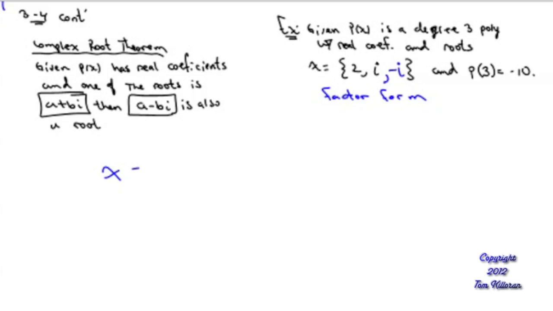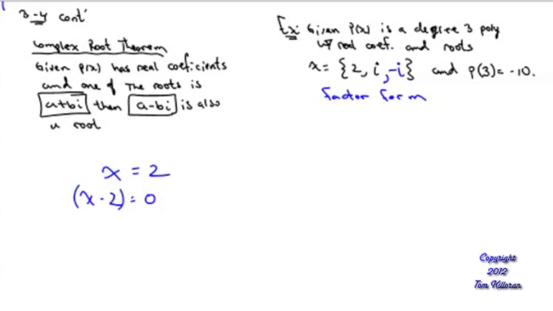If I have x is equal to 2, how do I undo what I solved? Well, I move the 2 back over. And if I move the 2 back over, what do I get? x minus 2. That's where the root's coming from. So this would be the factored form. We've done this before.